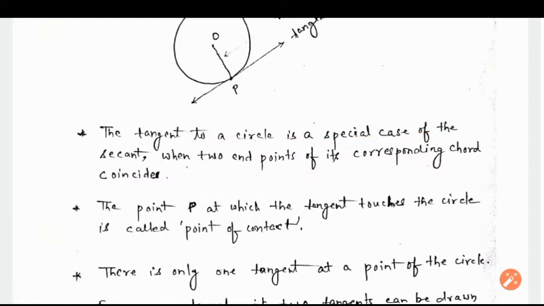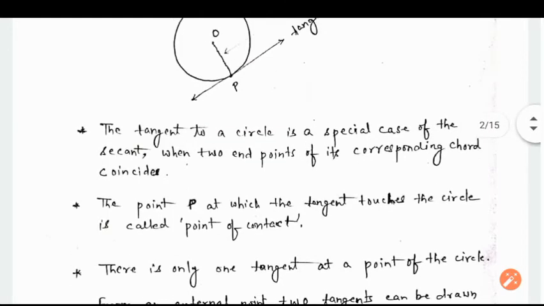AB is the chord, right? So when those two ends coincide, what happens? Then there is only one common point between the line and the circle, and that line is known as tangent.